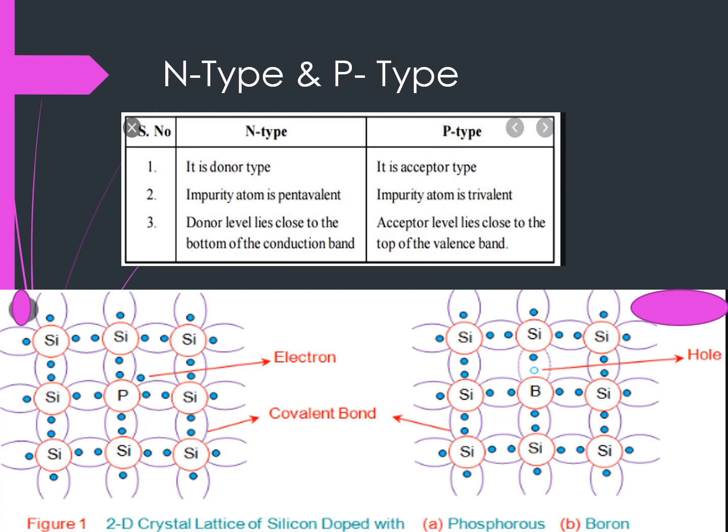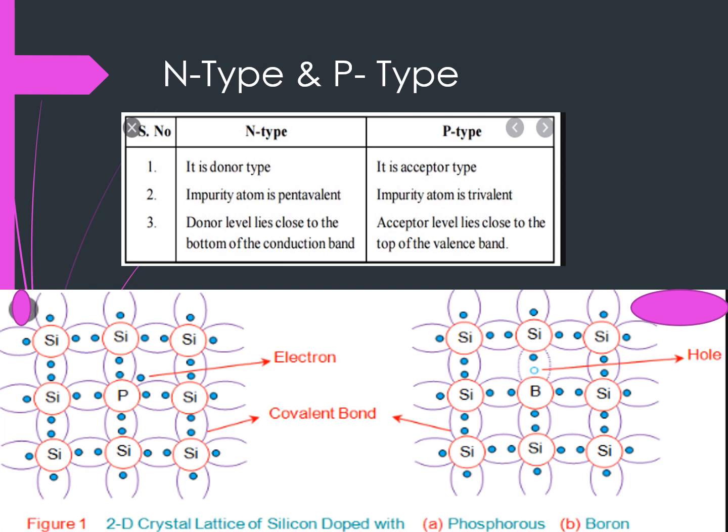The 3 valence electrons of the impurity atom form covalent bonds with the 3 neighboring germanium or silicon atoms, but one electron is lacking. One space will be there, one hole will be generated, thereby generating a hole in the bond.